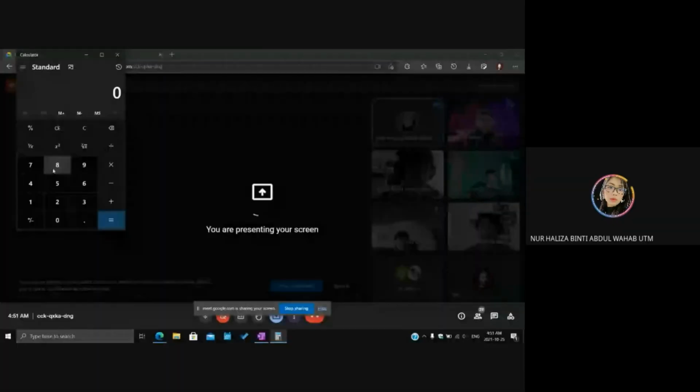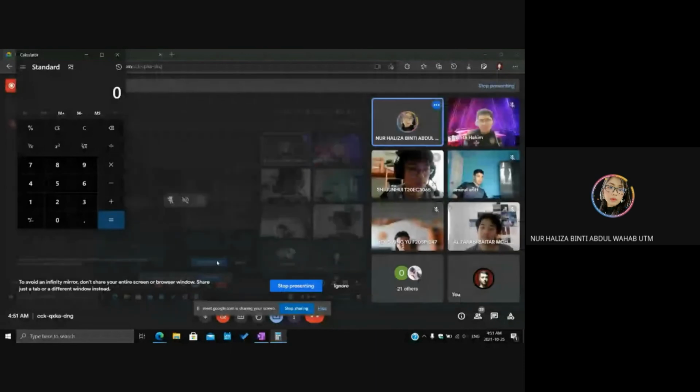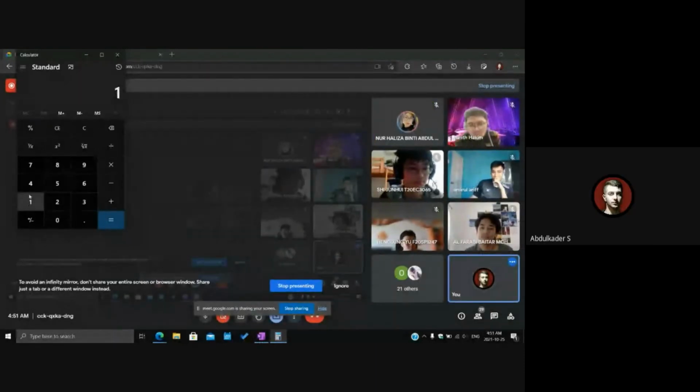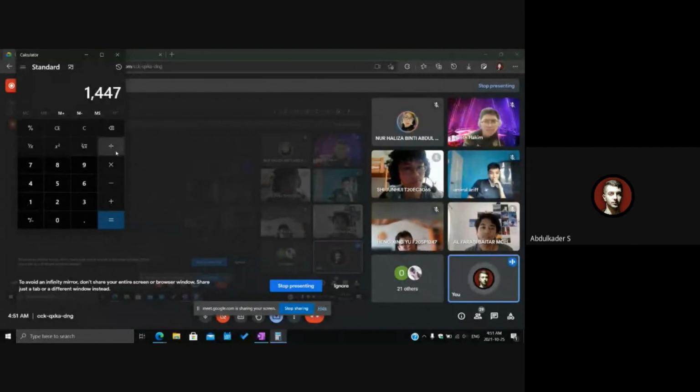All right, do you see the screen now? Okay, now it's okay. All right, let's say 1447. So we divide it by 16. So we get this value, okay? To find the remainder, we take this and we multiply it by the same number that we divided by.